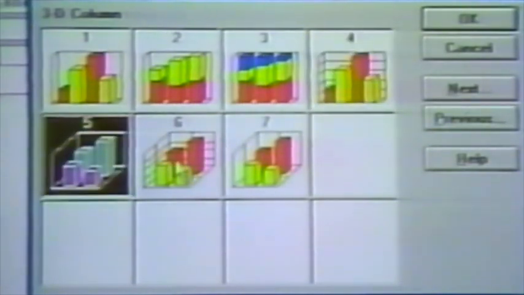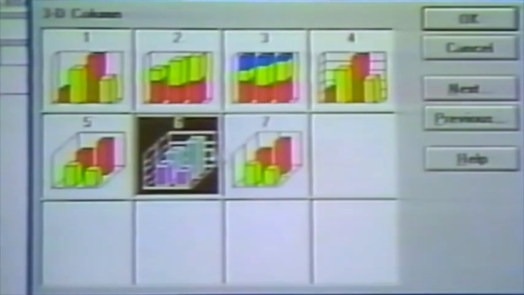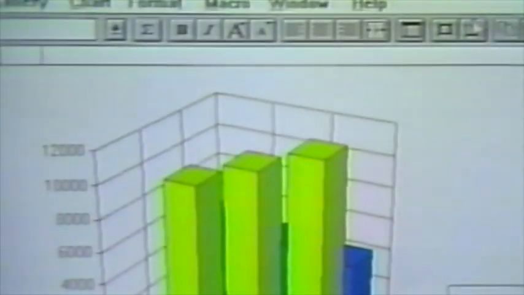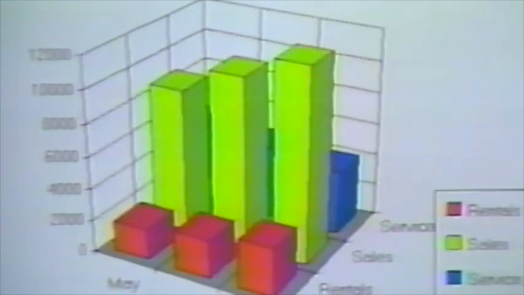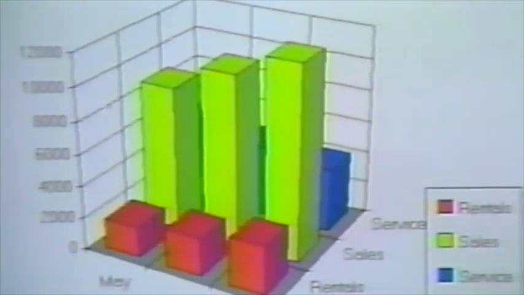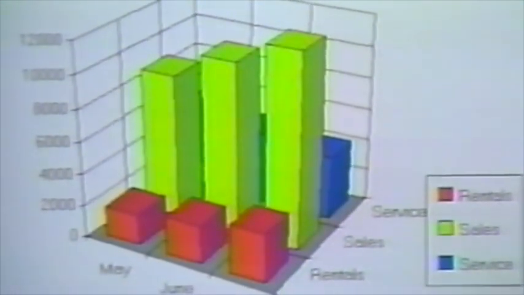The little picture shows us what the graph would look like. When we've chosen the one we like, we click OK. And the chart is converted to that new style of 3D column chart. Notice this one has rentals, sales, and service on one side and May, June, and July on the other side.